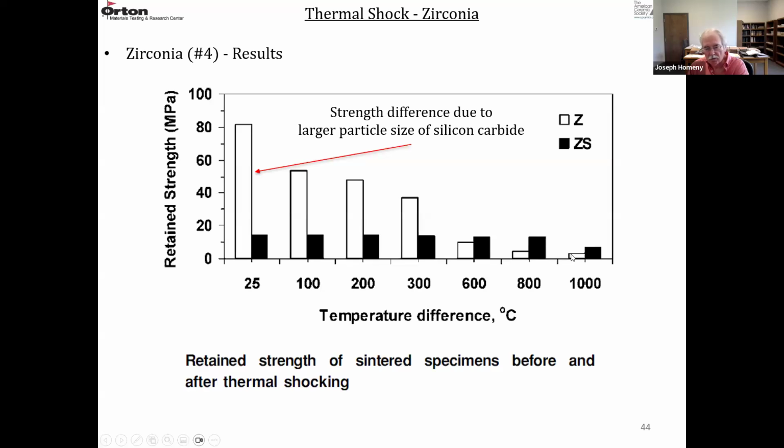And then it starts to exceed the pure zircon at the higher temperatures. So this is basically how they're designing a thermal shock resistant material. They're making it weaker. Its retained strength is low, but it is staying constant. It's not having this large decrease in strength.